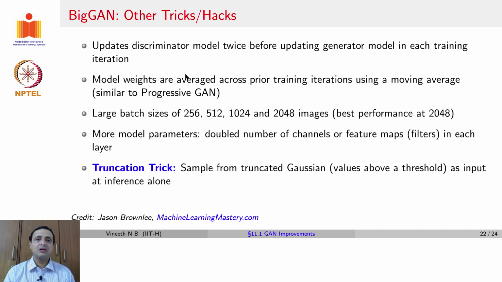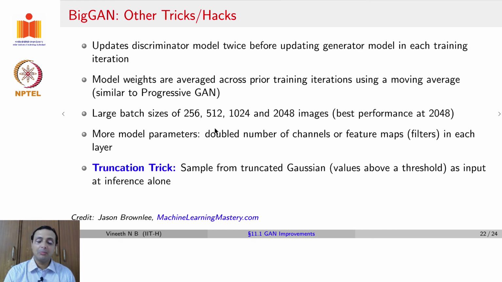BigGAN also observed that using very large batch sizes such as 256, 512, 1024 and 2048, when we say batch sizes, we mean mini batch sizes while performing mini batch SGD. In fact, they observed best performance with the highest mini batch size of 2048.